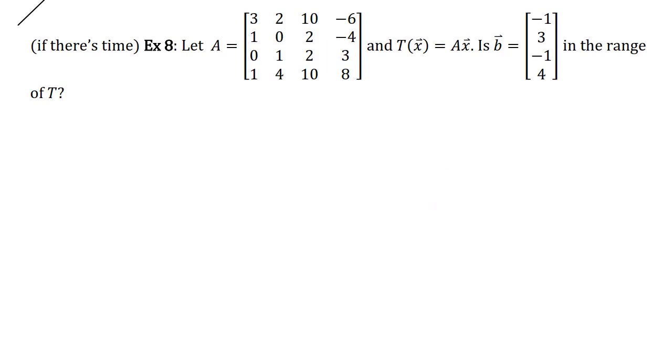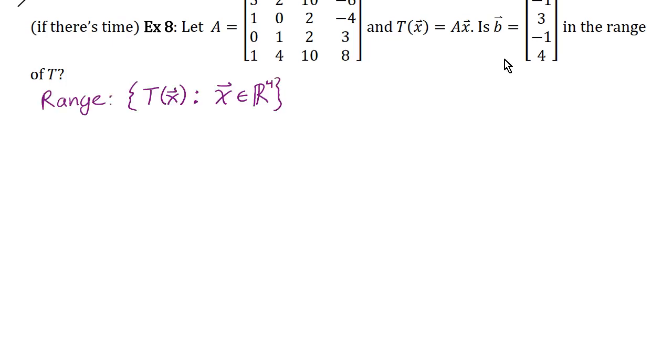Let's do this example. Now, when we say is b in the range of this linear transformation, that's the same thing as asking, is b equal to T of x for some x? Just to reiterate this again with different notation, the range is the set of outputs that you get, the set of all possible T of x's for any x in R4.